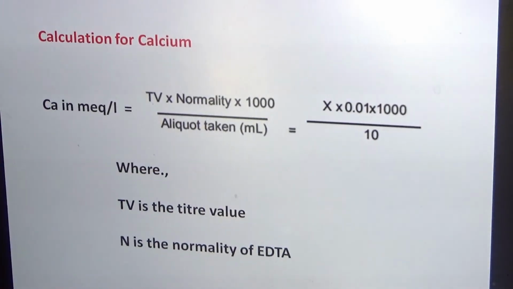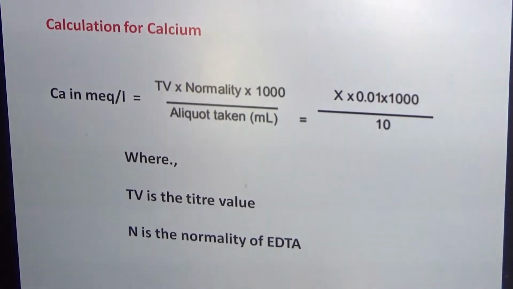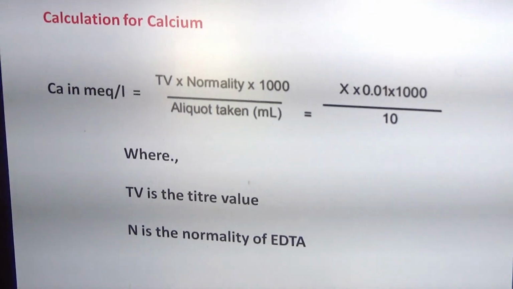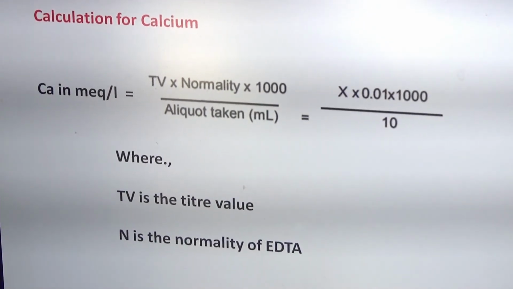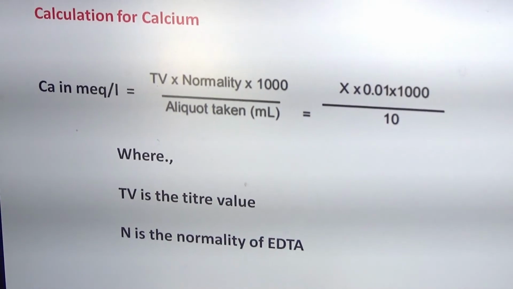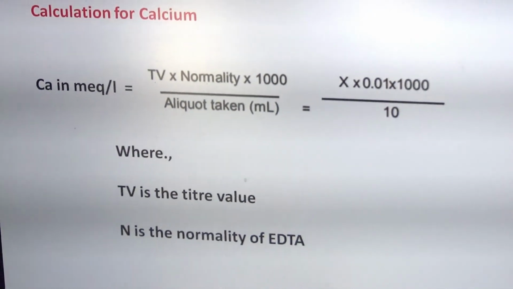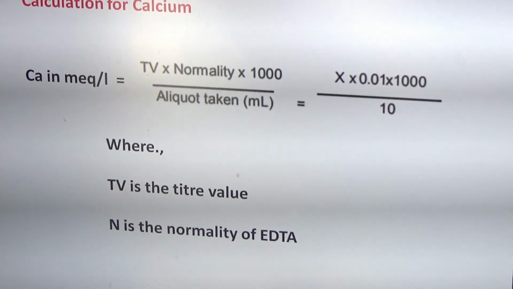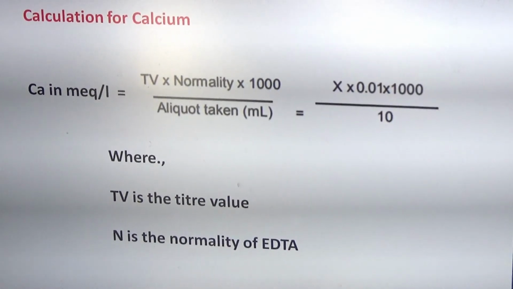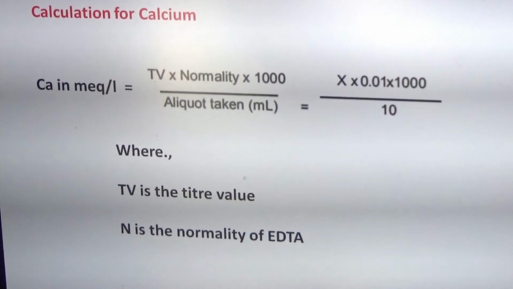So coming to the calculation part, the formula is the same for either calcium estimation or for calcium and magnesium estimation. We express the concentration of calcium or magnesium in milliequivalents per liter, and it is equal to titer value into normality of EDTA into 1000 divided by the amount of aliquot taken in ml.